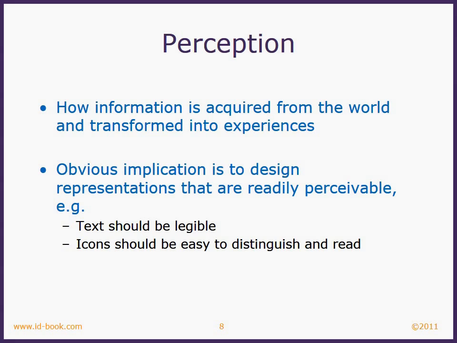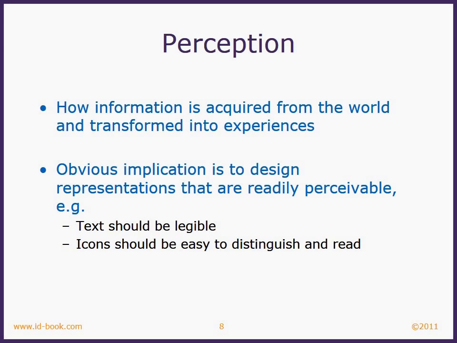So what does perception have to do with it? Perception is important because it is how information is acquired from the world and transformed into experiences. So it has obvious implications for design: representations that are readily perceivable.